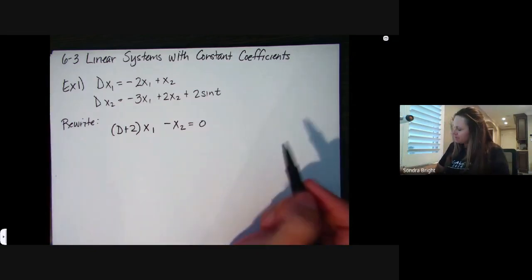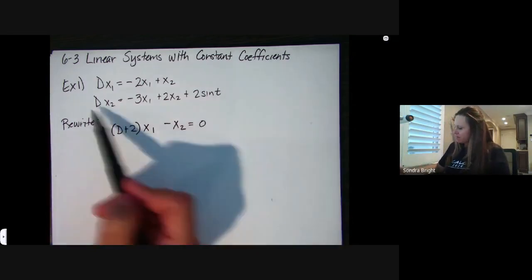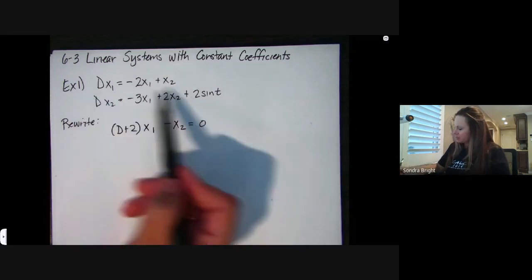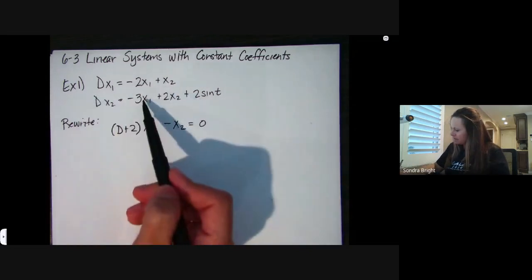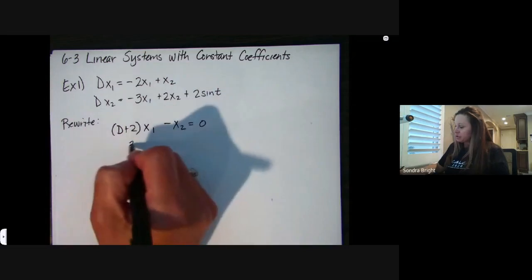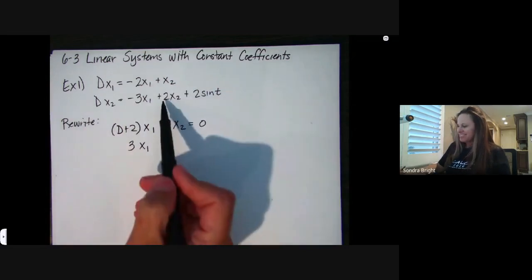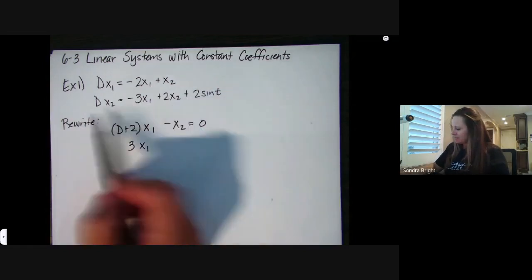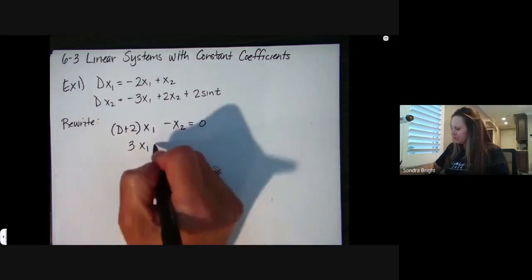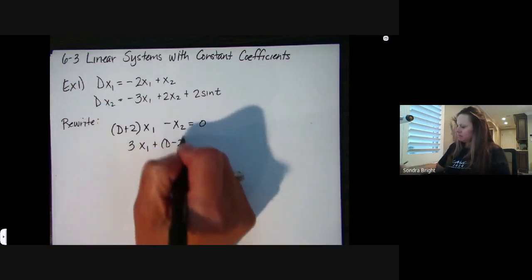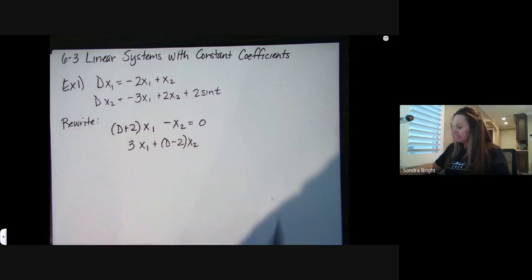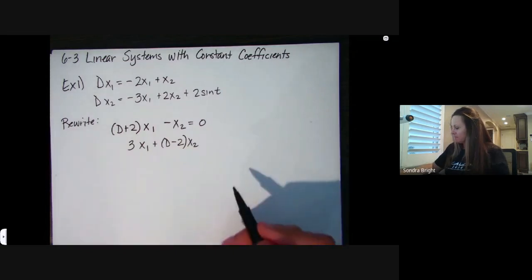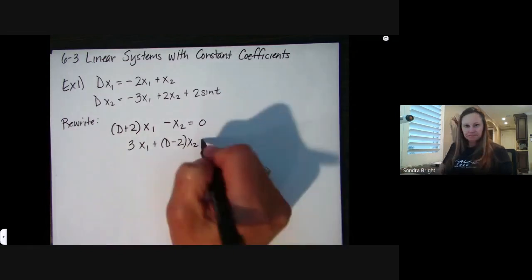I'm going to do the same thing with this one, where I'm going to add the 3x1 over. I'm going to subtract the 2x2, but I also have a Dx2, so that means it's plus (D minus 2) of x2, and then I'm going to still leave the function of t on the right-hand side.